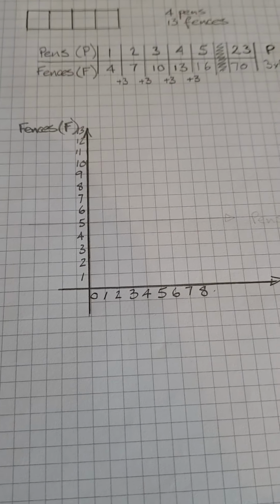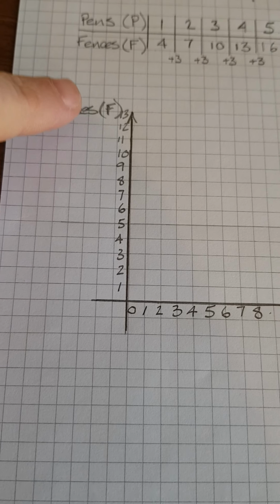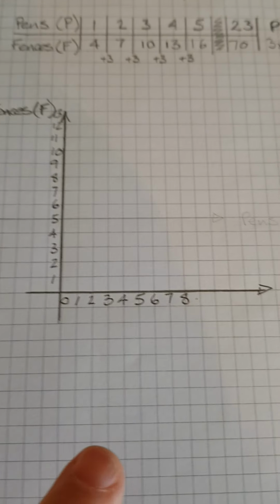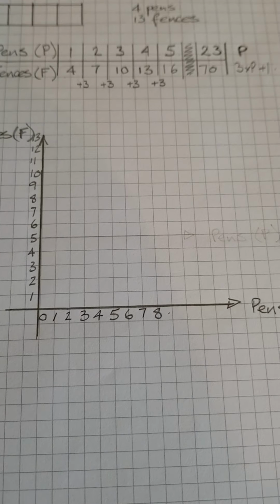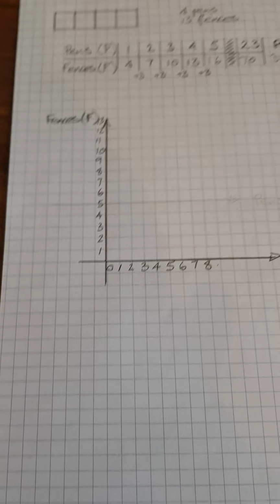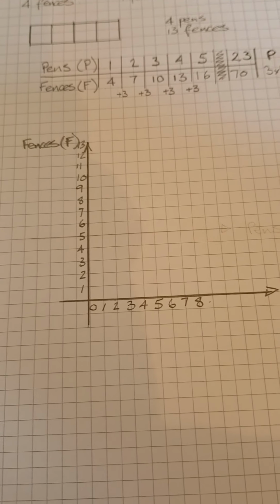We can plot this in a graph. I have a very small part of that graph drawn where I have fences going up the left hand side, the vertical axis, and I've got the number of pens going along the horizontal axis. When I'm drawing graphs like this, I make things easy on myself by using 1 number per box.